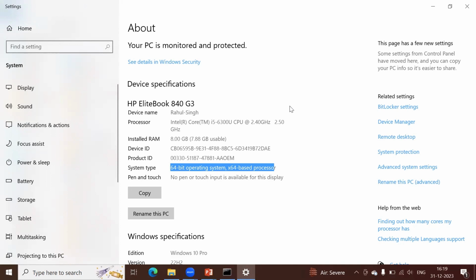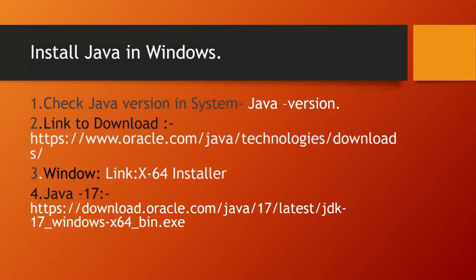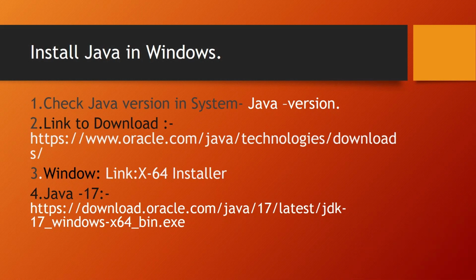You can ask if you have any question regarding what we discussed throughout this video. So what we have seen is how we can install Java on a Windows based system. Before installing, we can check whether Java is already installed or not. To check that, we have seen how we can check through the command prompt, with the command java -version.